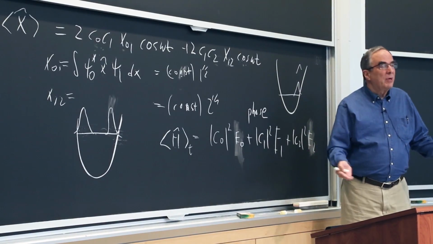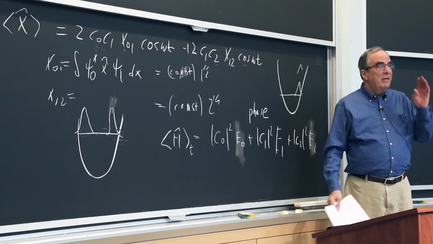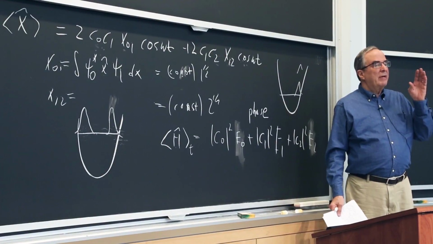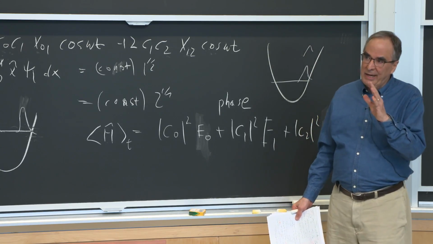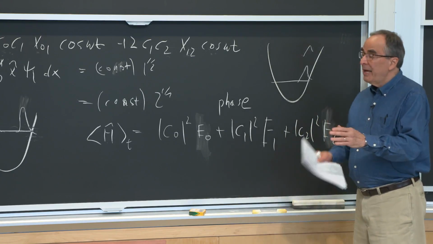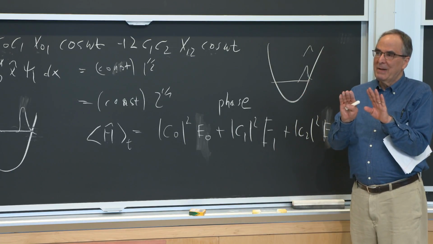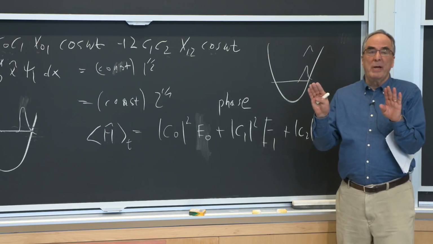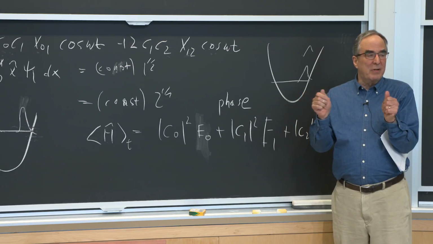These things are easy once you've gone through it a couple of times, because what's happening is you have these factors e to the minus i E_j t over h bar. And they cancel when you do a psi star psi, or they generate a difference, h bar omega, when you have different values of the energy.